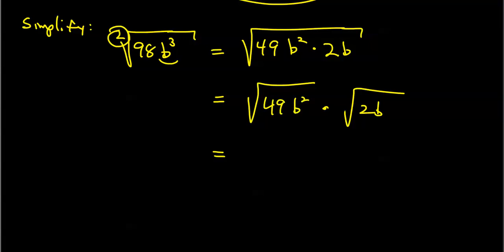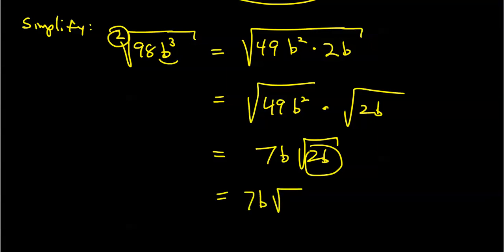The square root of 49b squared is, of course, 7b times the square root of 2b. Well, that's as simple as I can get. There are no perfect second powers in that radicand, so I've gone as far as I can. I'll call my final result 7b times the square root of 2b. Final answer.